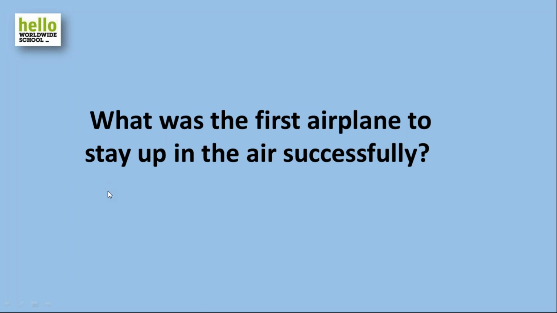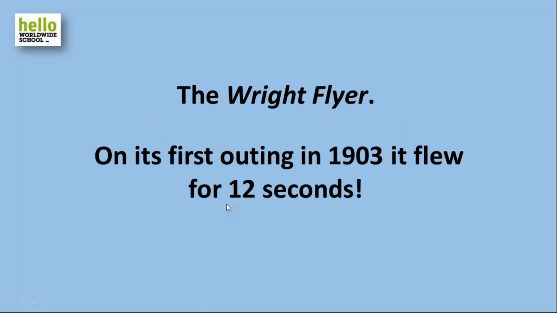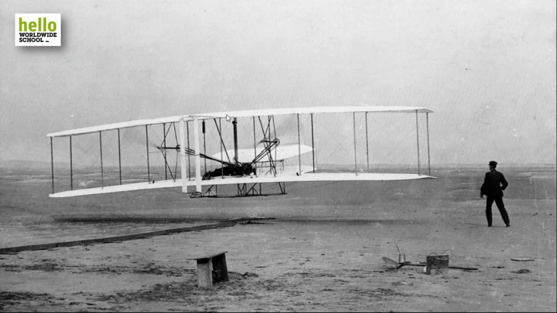Okay, I've got the first answers. Brothers Wright. Okay, the Wright brothers. Very good. It was called the Wright Flyer. Exactly, and on its first outing in 1903, it flew for, yes, for that long, for 12 seconds. For 12 seconds, and this is what it looked like.